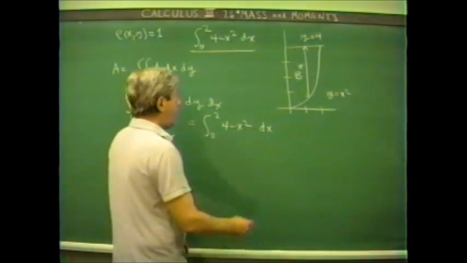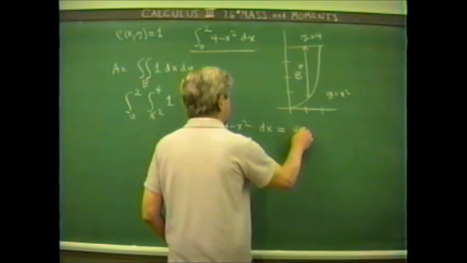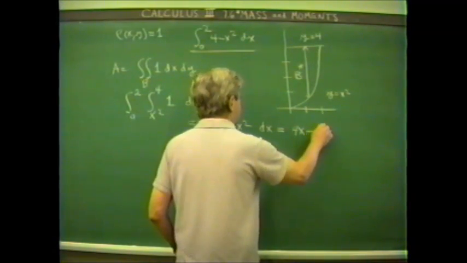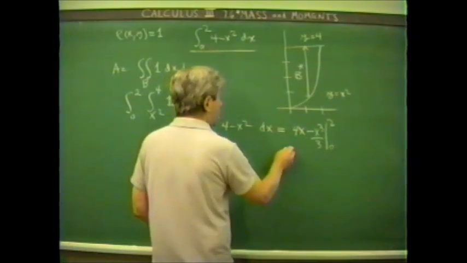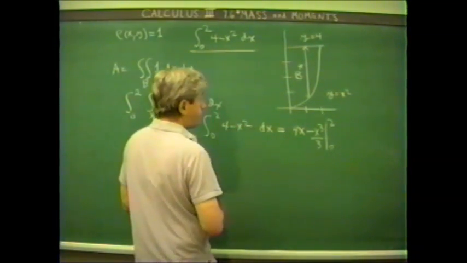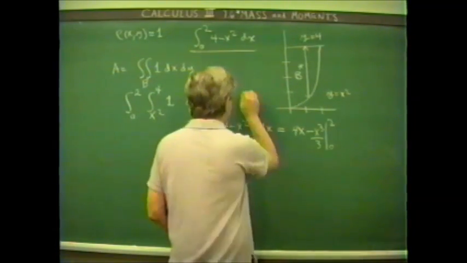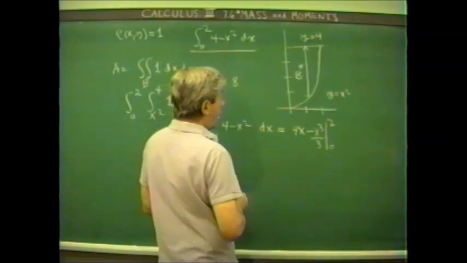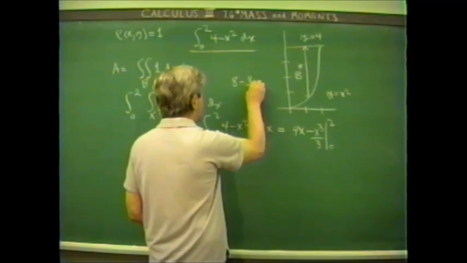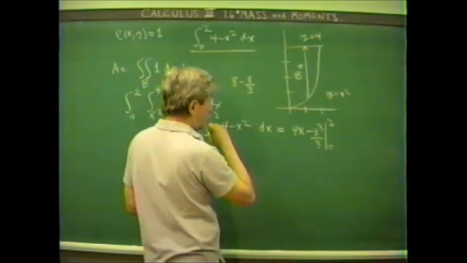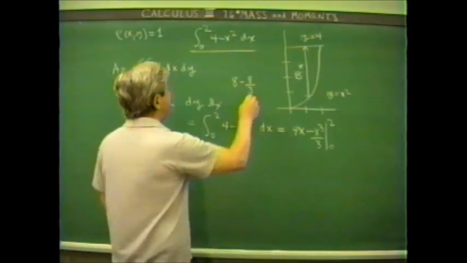This equals 4x minus x cubed over 3, evaluated from 0 to 2, which is 8 minus 8/3, or 16/3.